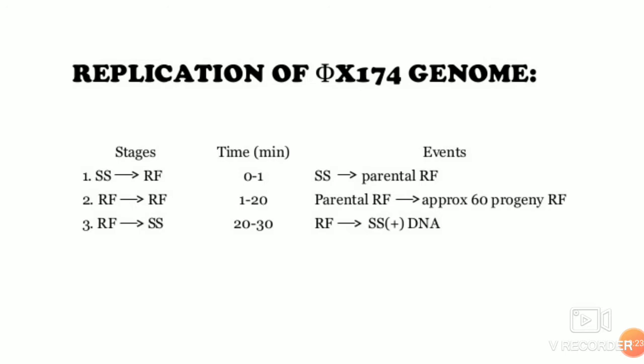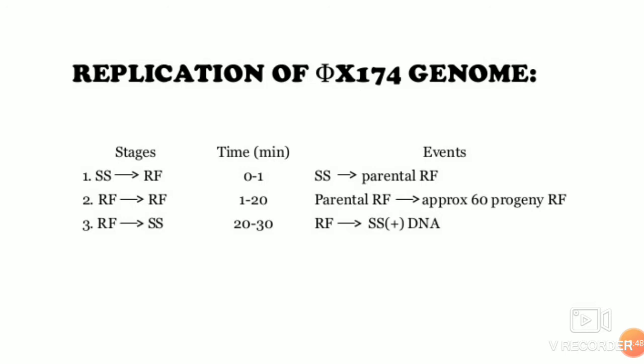That double stranded circular form, like a plasmid, is called the replicative form. Within 20 minutes more and more replicative forms are formed, and then you have the synthesis of the genomic DNA, that is single stranded positive DNA. Within 30 minutes of the infection of this virus, there is enough DNA to package into the virions.